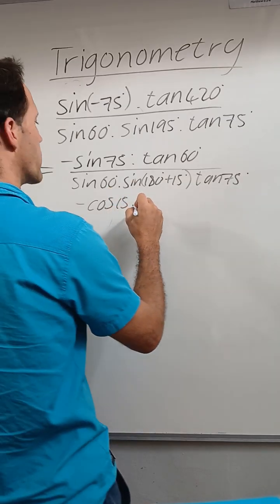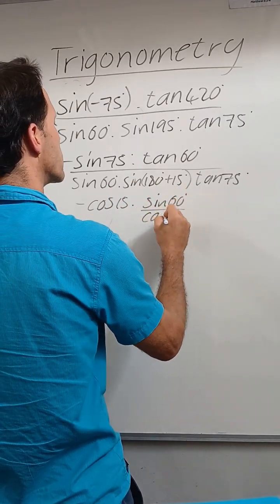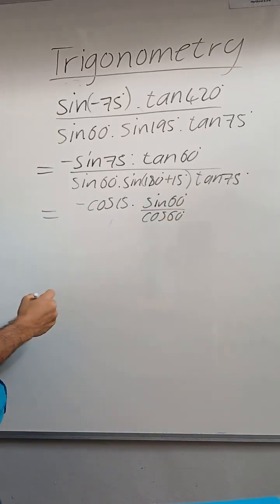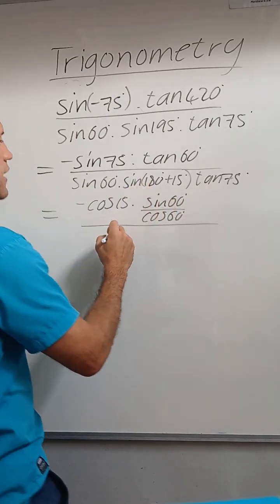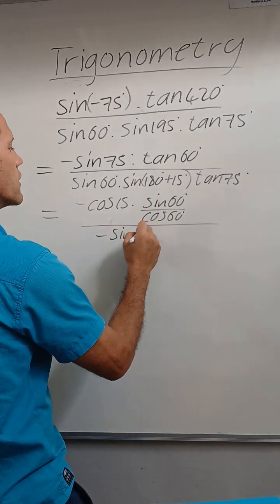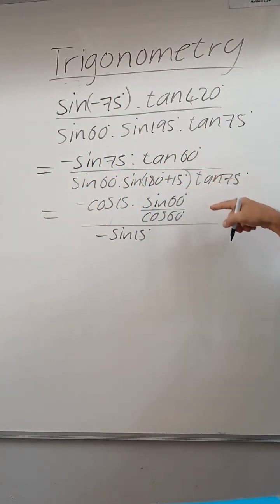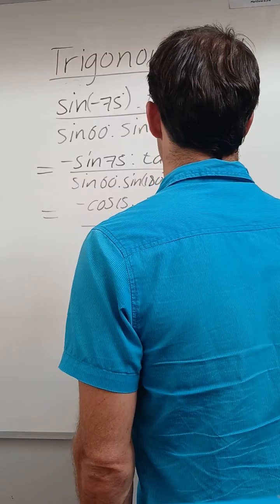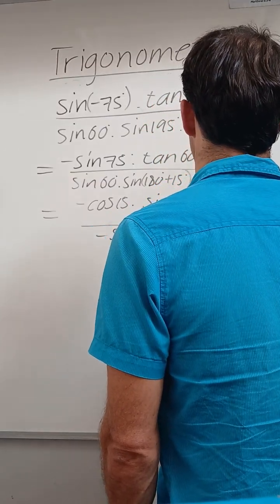Then the tan 60, we can change that to sine 60 over cos 60, which might help us. And then we're going to here say negative sine 15. For this one, tan 75, we're going to change it to sine over cos, so that will become sine 75 over cos 75.